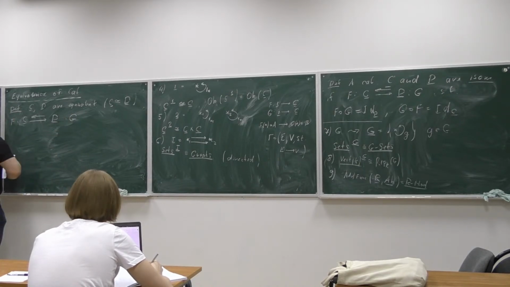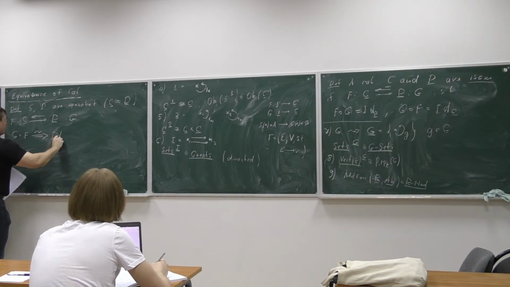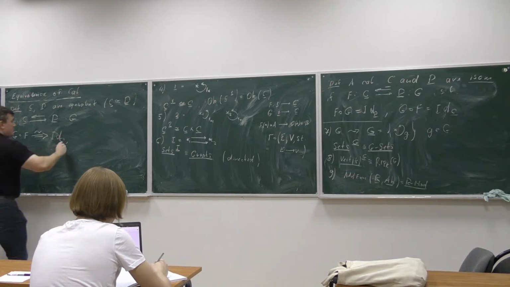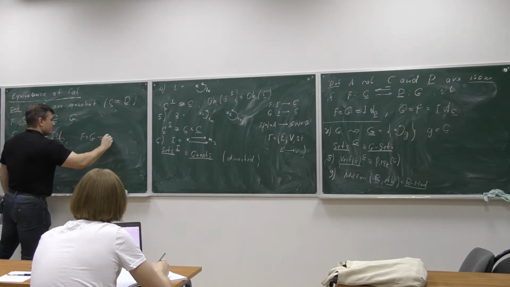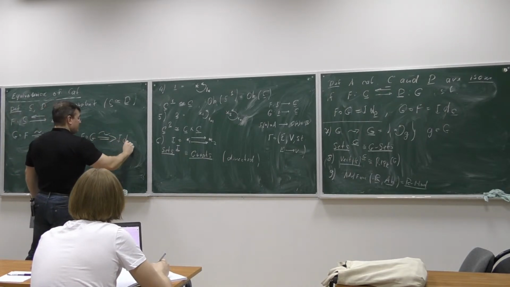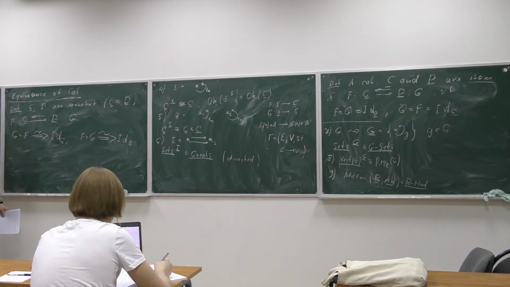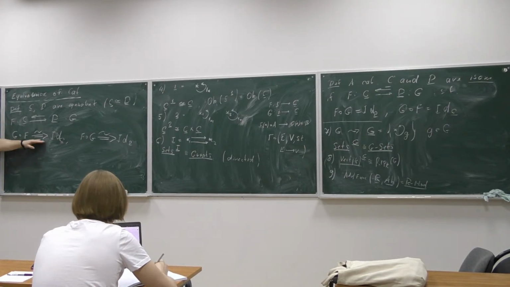And we have the condition that g composed with f has a natural transformation, which is an isomorphism, to the identity functor on C. And in the other direction, f composed with g has a natural isomorphism with the identity functor on D. So equivalence of categories is an isomorphism up to isomorphism.